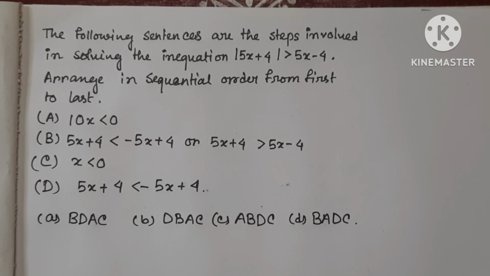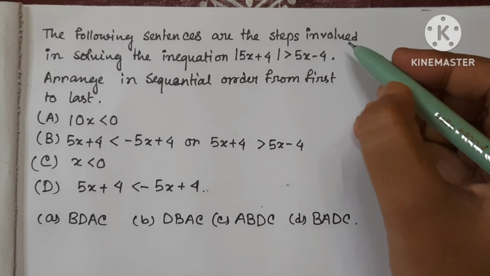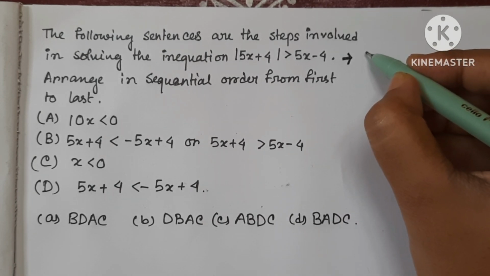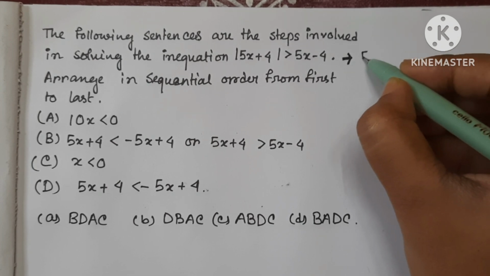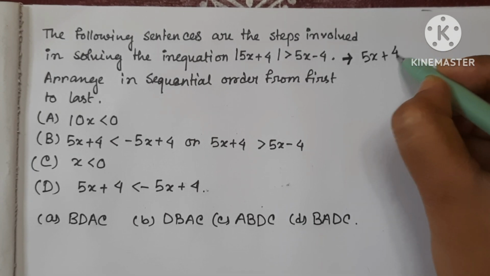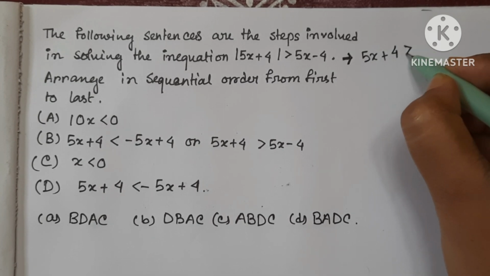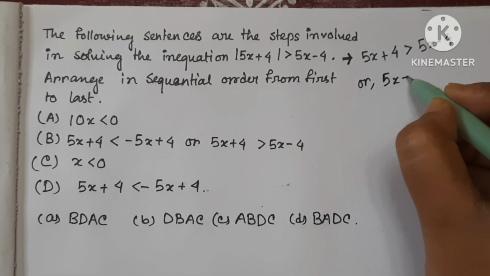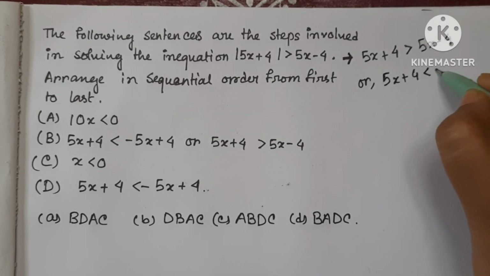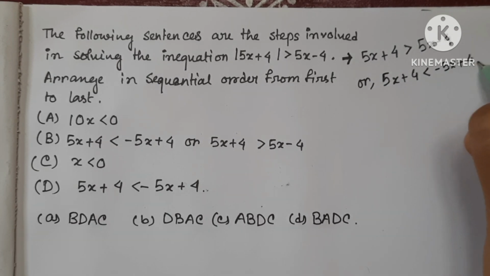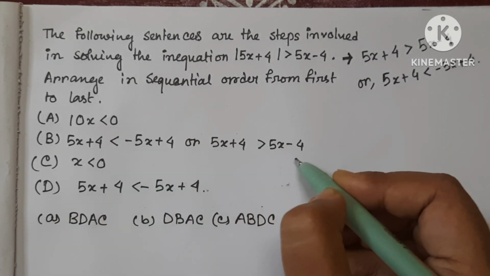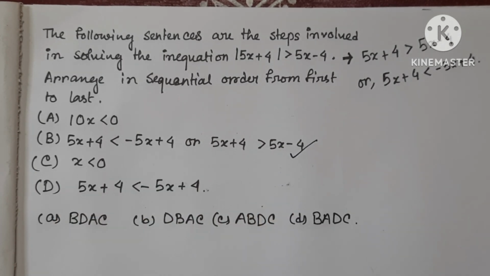Now to solve this inequation, the first step, as I have taught earlier, is that you have to rewrite this one by breaking it. So from this we can write 5x plus 4 greater than 5x minus 4, or 5x plus 4 less than minus 5x plus 4. Okay, so that means option B, this one. So B will be the first one.